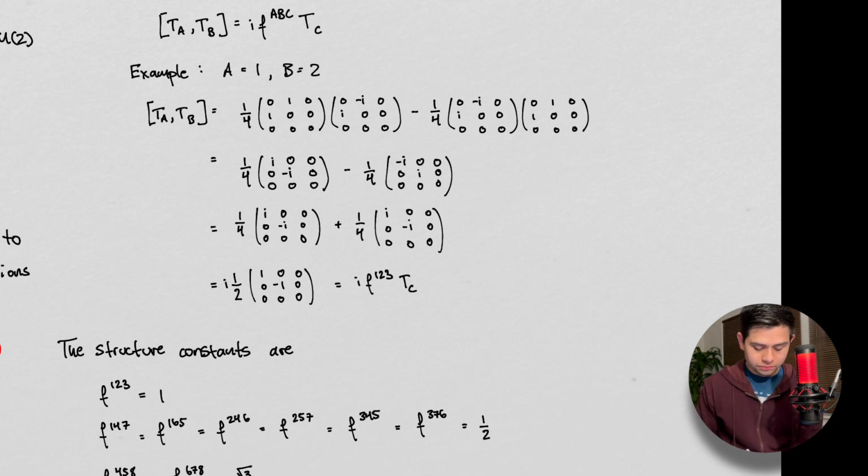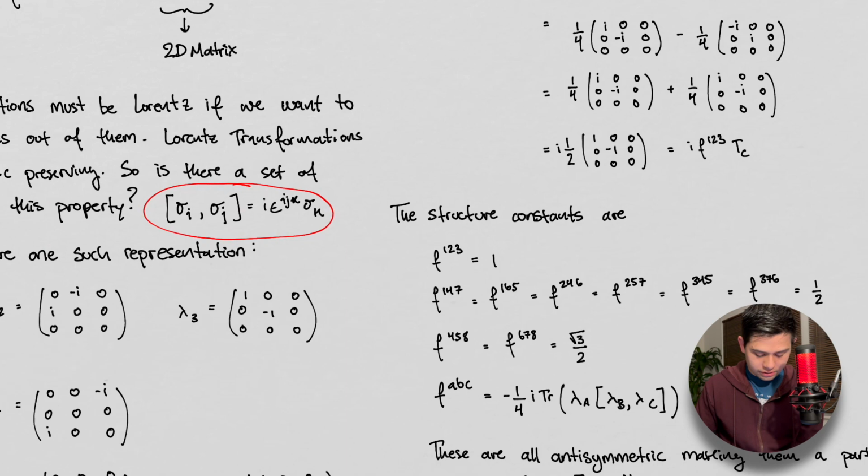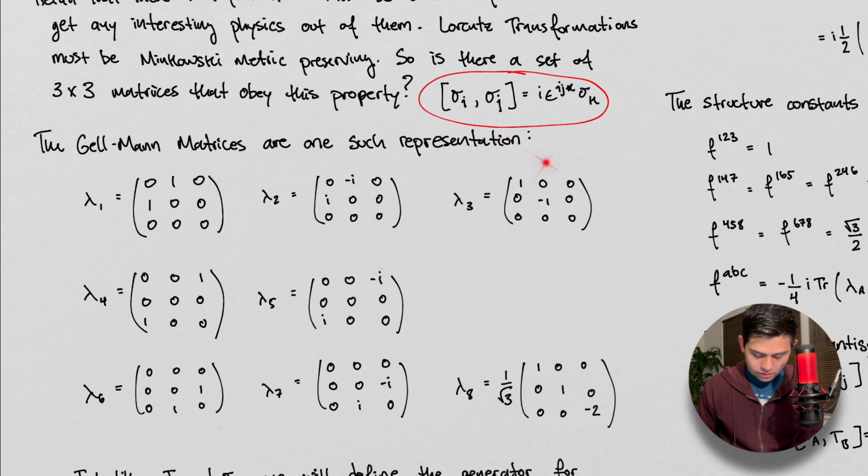And then we do the matrix multiplication, which is going to look like this, and we see that one is the negative of the other, so we can add essentially this because we're taking a negative out, and now we have both of the same thing, and we get 1/2 i equals 1/2 this, which is i equals f_123. So that f_123 is going to be 1/2, and T_C again is right here.